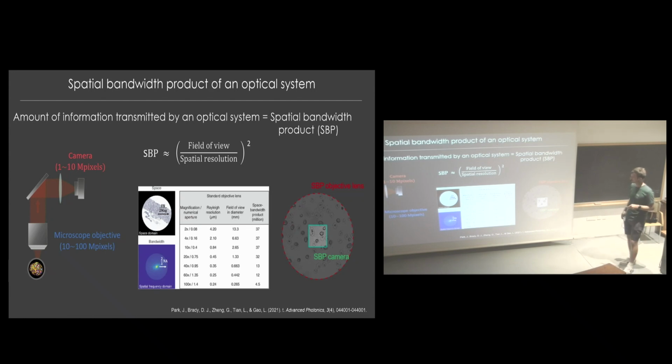In this picture, your objective can transmit a large image at high resolution, but your camera, if you want to correctly sample it with Nyquist sampling, only images a tiny part of it. This is what limits the amount of information in your system. So ideally, you want these two to match. In our case, we are limited by the camera.